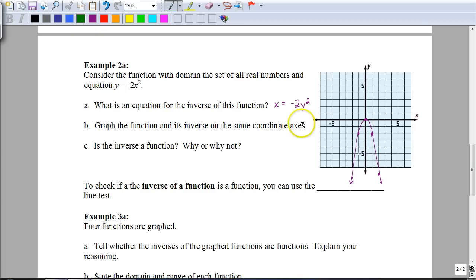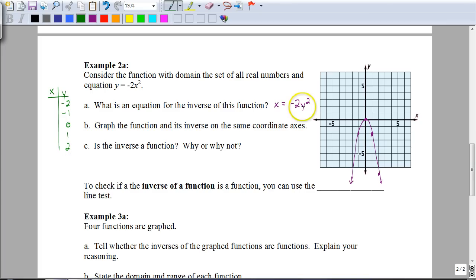Okay, so now we're going to graph the inverse. For that, you might find it easier to do the xy table. Again, this time our y is our input. It's our independent variable, so we're going to pick values for y. Let's just pick negative 2, negative 1, 0, 1, and 2.